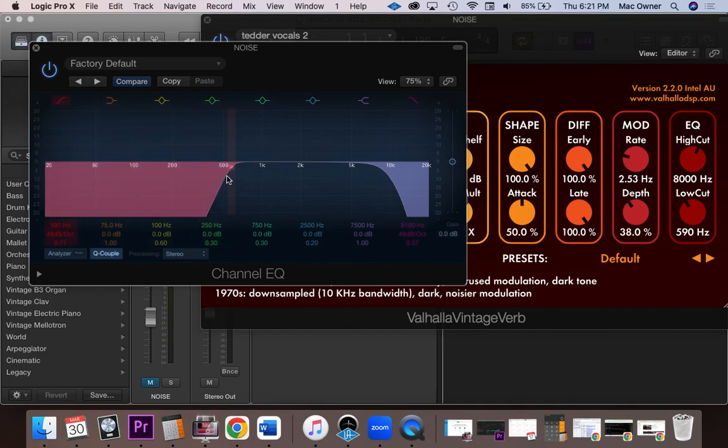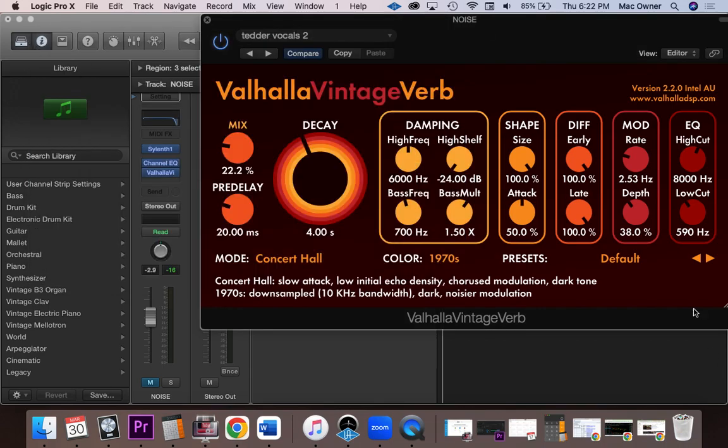And if you see this in red, that means that's all the cut we did. Okay? So that's basically what an EQ means in this part. So we move these two. Most of the time, the one that we move the most is the low cut. The high cut, usually we leave it on 8,000.